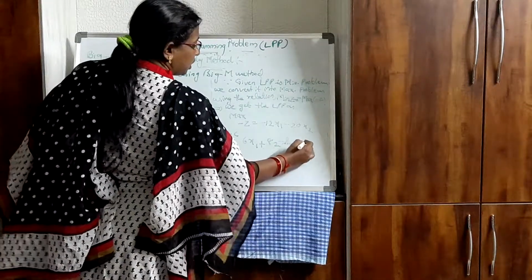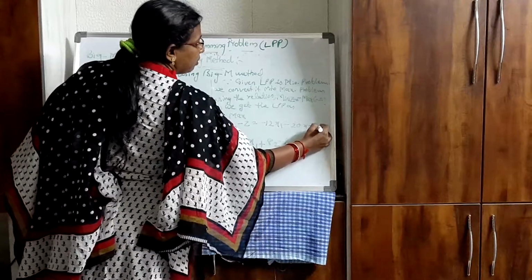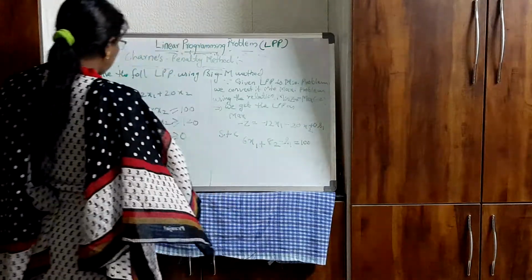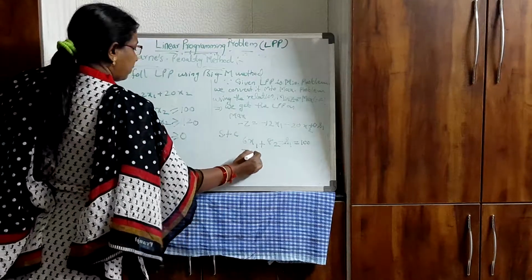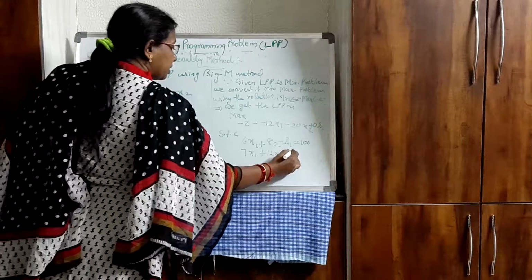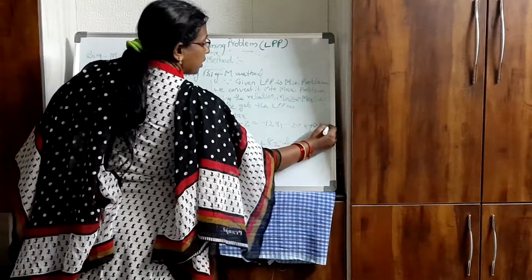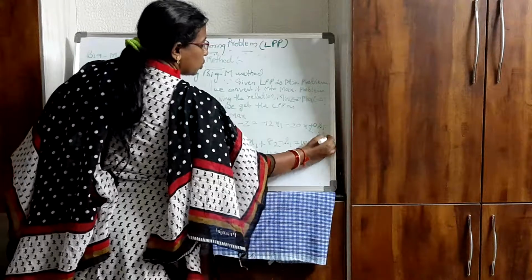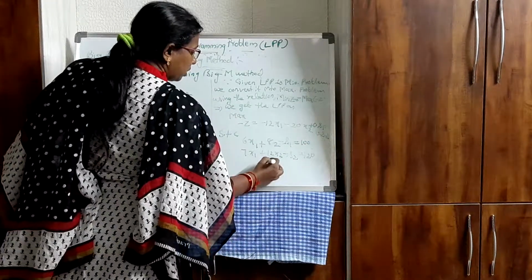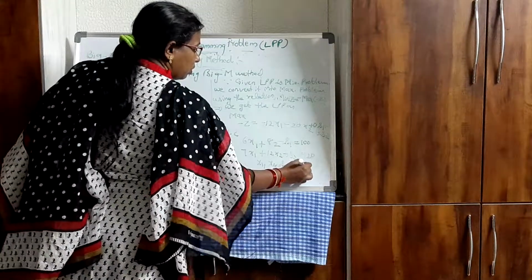This is equal to 100. Because I am subtracting a surplus variable, here I will have plus 0 into S1. Second one will be 7x1 plus 12x2 minus S2 equals 120. Here also I will get plus 0 into S2. Then x1, x2, S1, S2 are greater than or equal to 0.